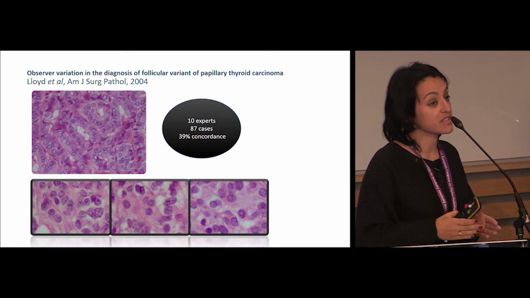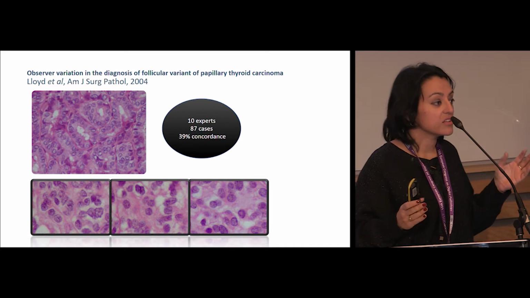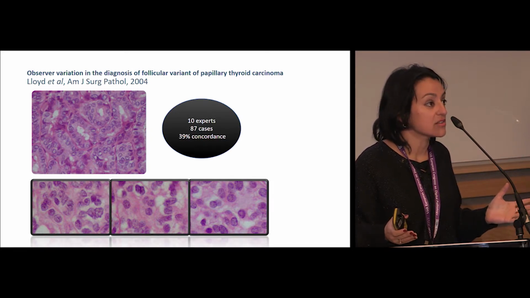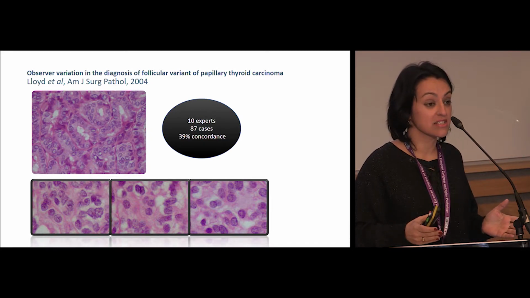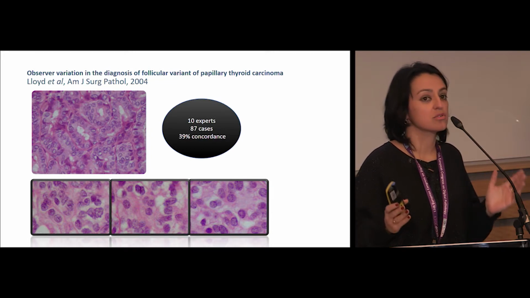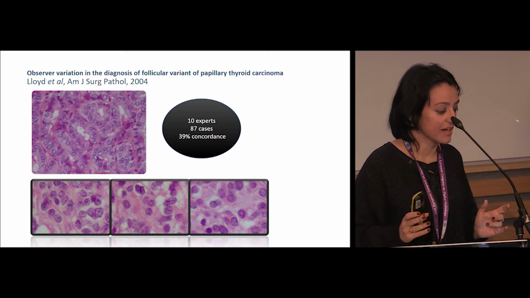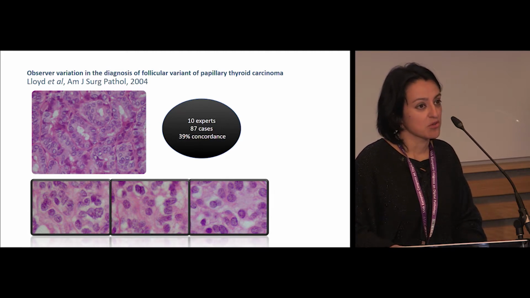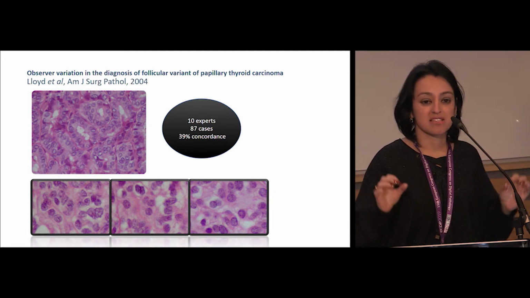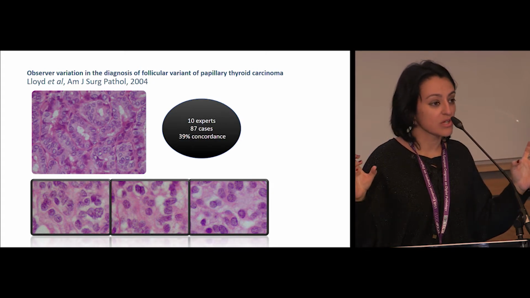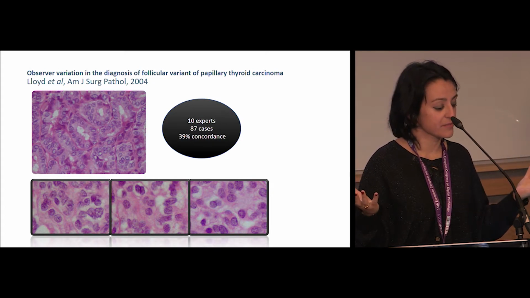So at this point, and for many years, the only morphological tool that we had to do the diagnosis of malignancy, reading PTC, were the nuclei. So these strange and beautiful and typical nuclei. When papillary thyroid carcinoma has this follicular structure, we call it the follicular variant.